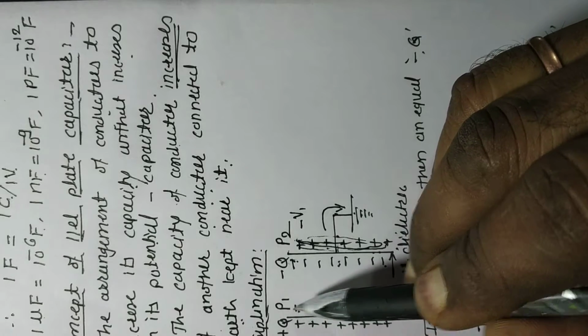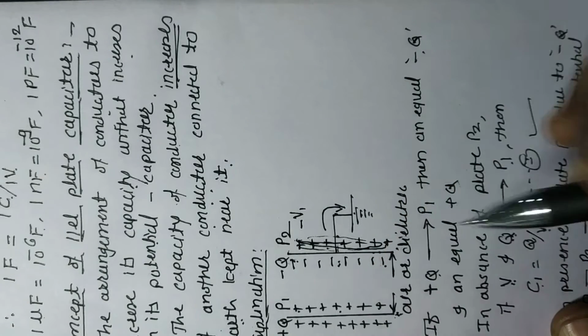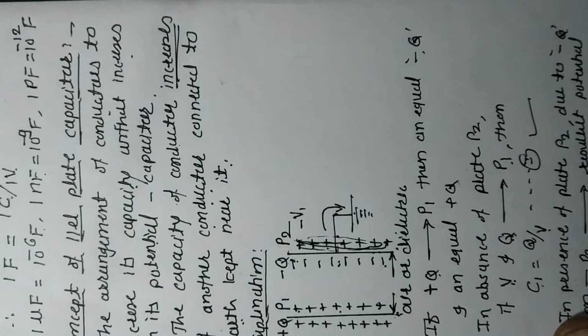Charge on plate P1 remains same, यावरती असणारे चार्ज तेच आहेत, and therefore capacity C2 is equal to Q divided by phi minus phi1.